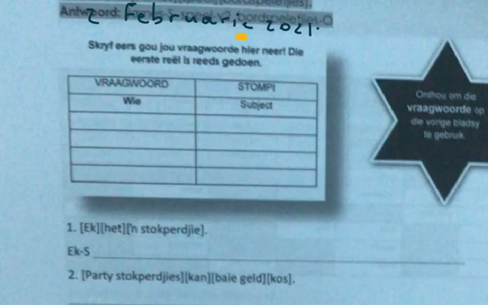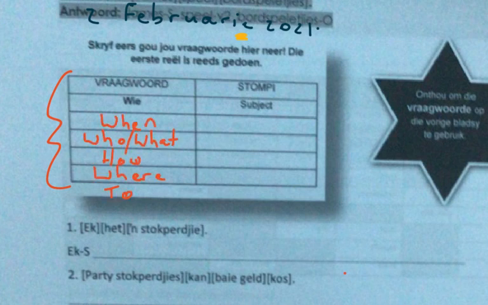So in the space that they give you over here, you are now going to fill in all those little details. They don't give you enough space to do all 6, but you're going to have when, who or what, how, where, and to. So for the first one, it says who, so that's the subject.